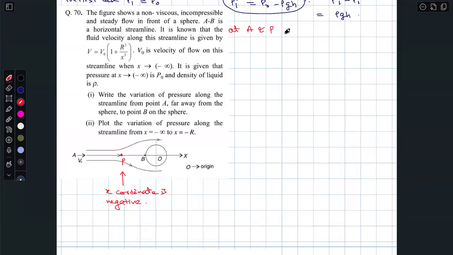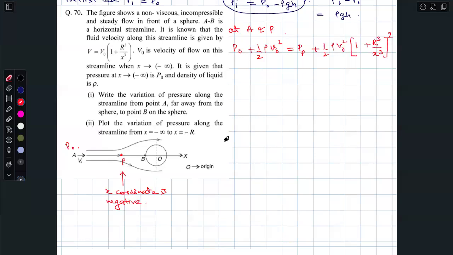at A and P, if we apply Bernoulli's equation, P naught plus half rho V naught square is equal to, because you said that the pressure there is P naught, I'll take A as the infinite point, whereas pressure at P plus half rho V naught square times (1 plus R cube by X cube) whole square.